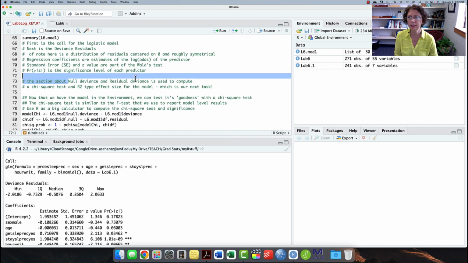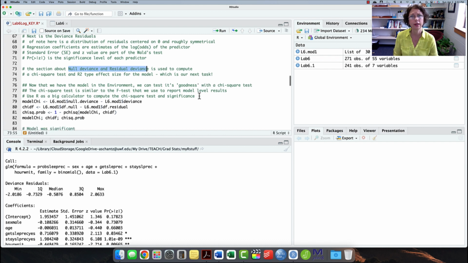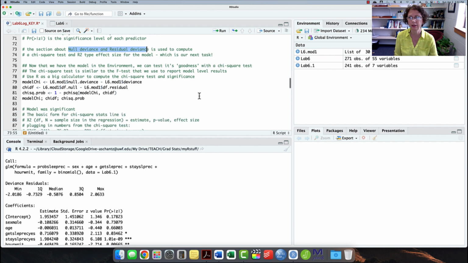The null deviance and the residual deviance are used to compute a chi-square test and the R-square. So that's going to be our next task here. We have the model in the environment right there, and we can use the deviance values out of the model, it's right in there, to be able to compute the chi-square, the degrees of freedom for the chi-square, and the significance level of the chi-square test.